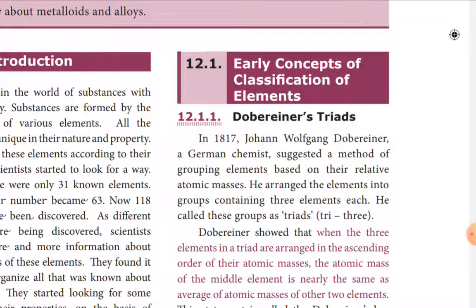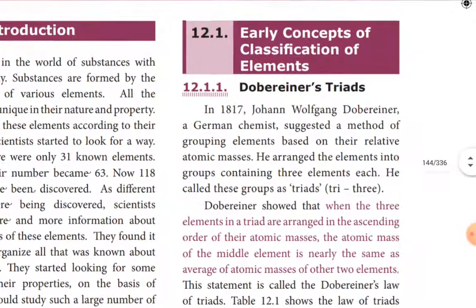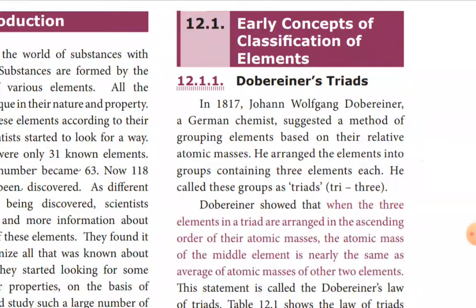The first classification was in 1817 by Johann Wolfgang Dobereiner, a German chemist, who suggested a method of grouping elements based on their atomic masses. You have to underline the basic principle used by Dobereiner, that is atomic mass. So he arranged the elements in the order of atomic mass.